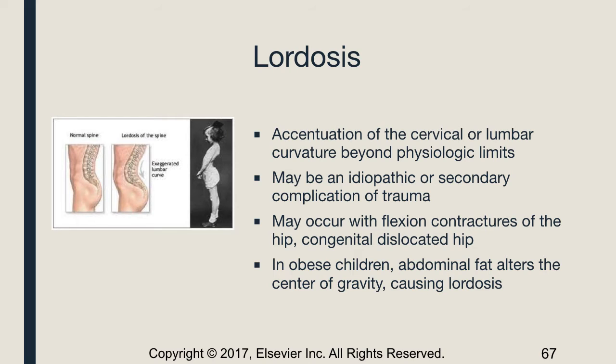In obese children, the abdominal fat alters the center of gravity, and that causes lordosis. It's the same kind of action that happens with pregnancy. And in fact, lordosis can be one of the side effects of teen pregnancies because they're in that growing stage and the spine isn't meant to be in that position because of the altered center of gravity.